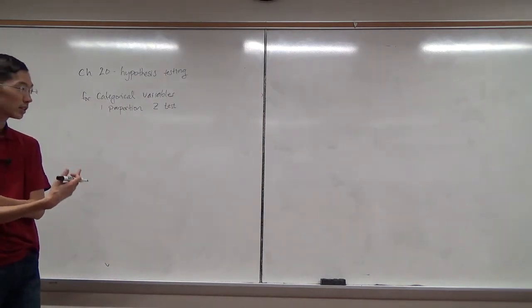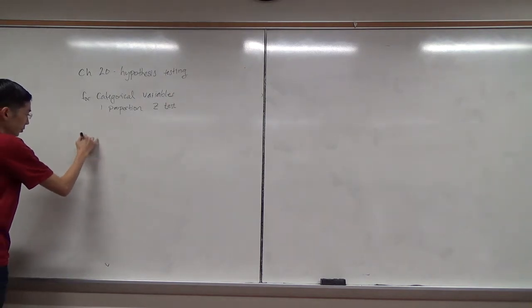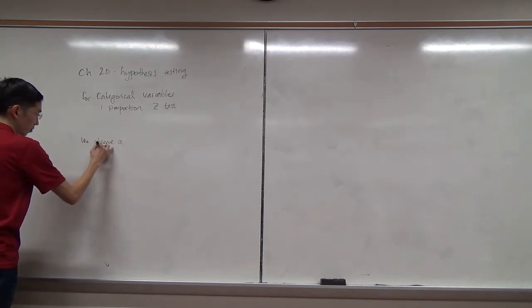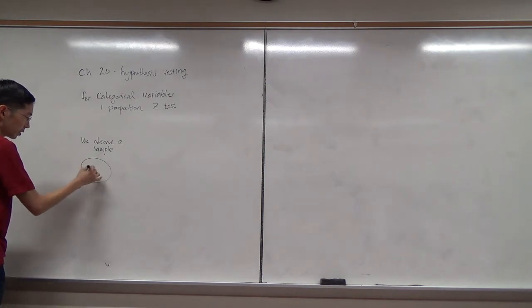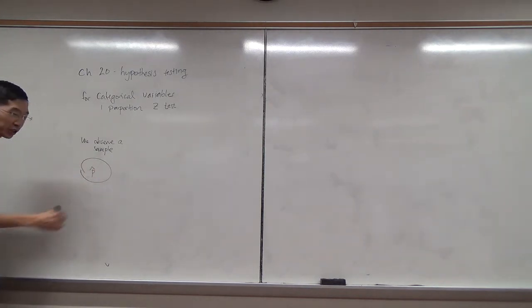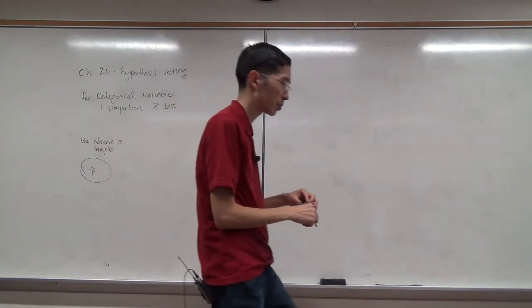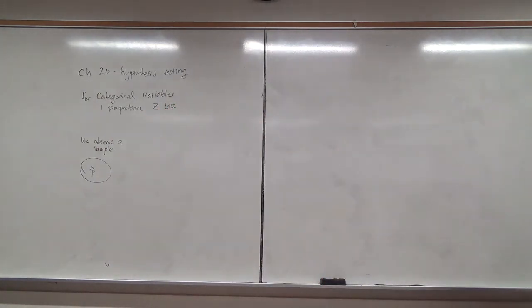The idea is this: we observe a sample, and the sample has some proportion p hat. Maybe the proportion in our sample is 23%.